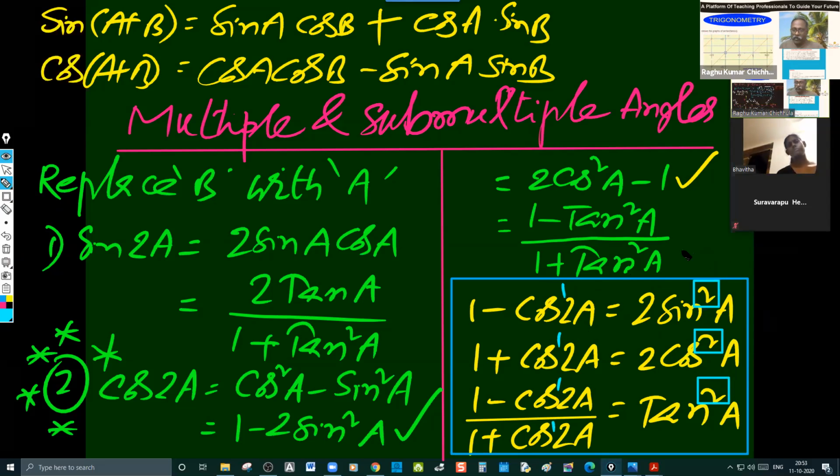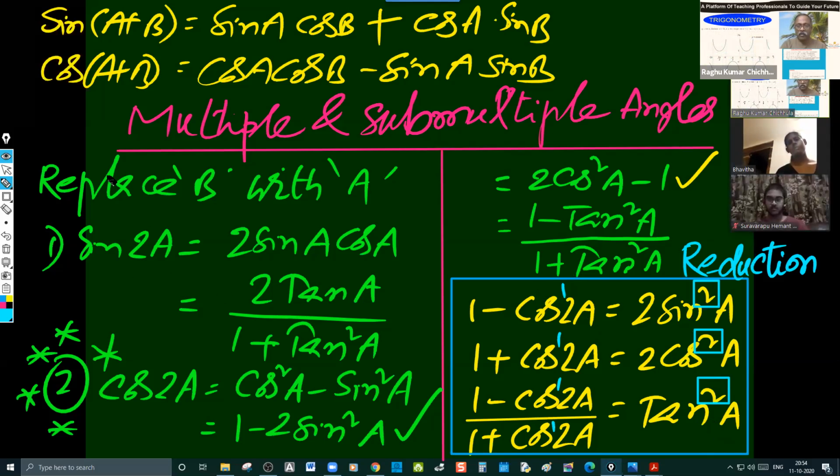Further, you will be knowing that. What is that reduction happening there? The power is getting reduced. That is the reason why there is more and more prominence for the cos 2a formula. The reason is only cos 2a gives you all the remaining trigonometric ratios, sine a, cos a, and tan a. Obviously, they're reciprocals.